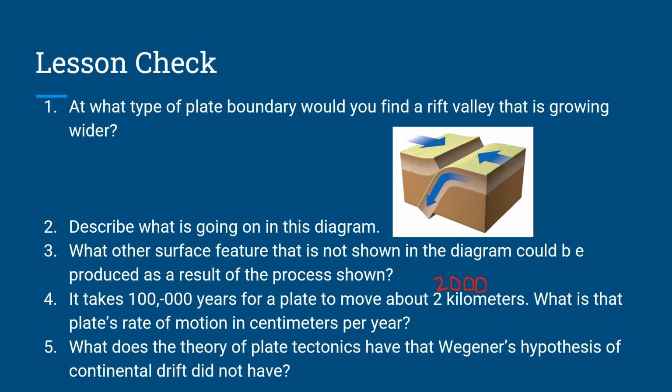That's at meters. And then from meters to centimeters, we move an additional 2, right? So we're adding 2 more here. All right. And 1, 2, 3, 4, 5. Yeah, so 200,000 centimeters. So 200,000 centimeters divided by 100,000 years is going to equal 2 centimeters per year.